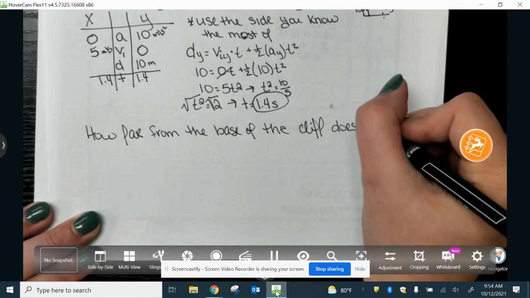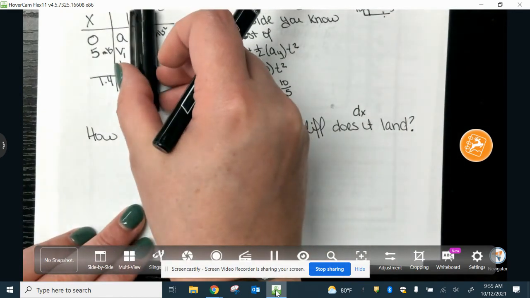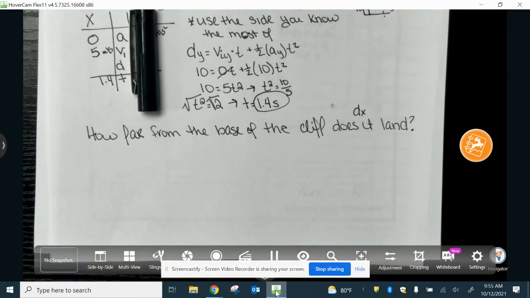So basically, now I want d of x, distance in the x direction. Now I don't want the stuff on my y side.